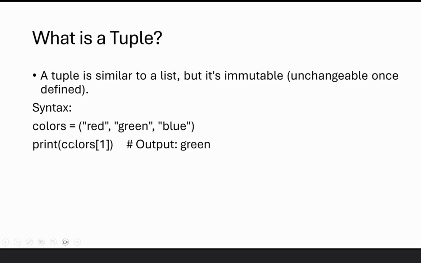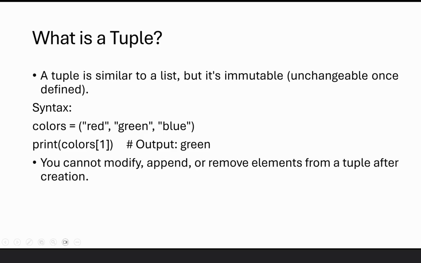If I am going to print an item present in a tuple, I have to mention its index value to get the proper output. Not like a list, you cannot modify, append or remove elements from a tuple after creation.